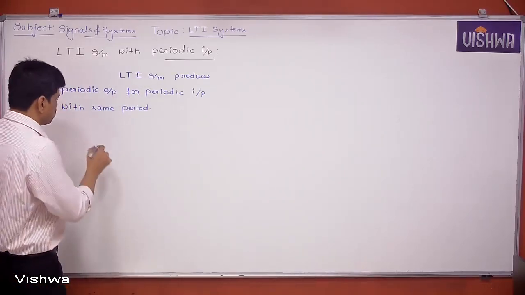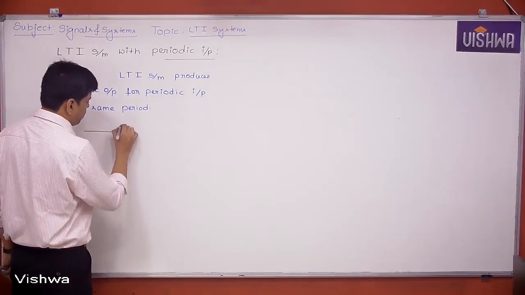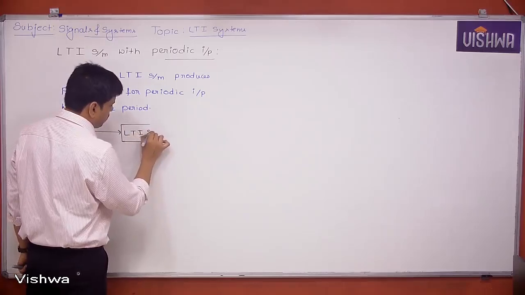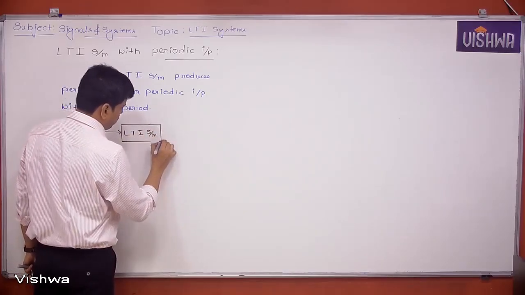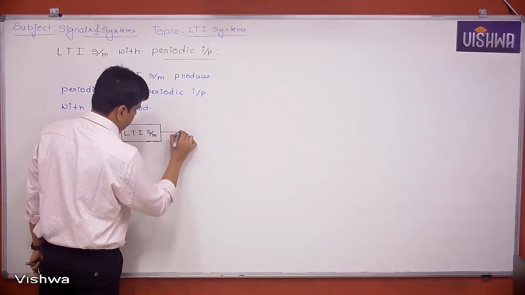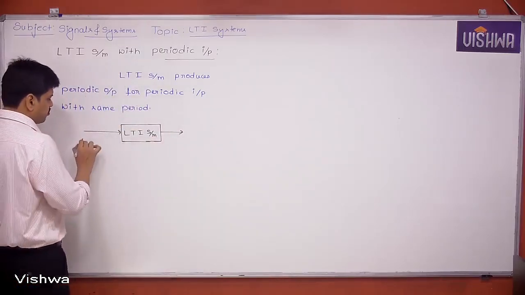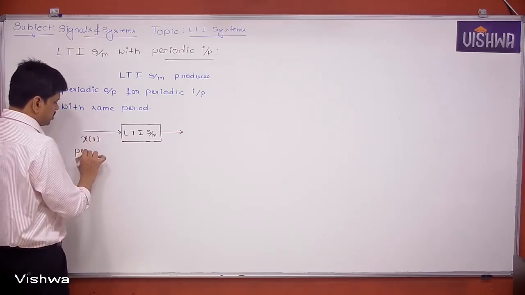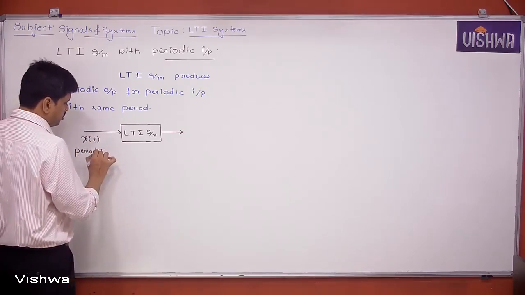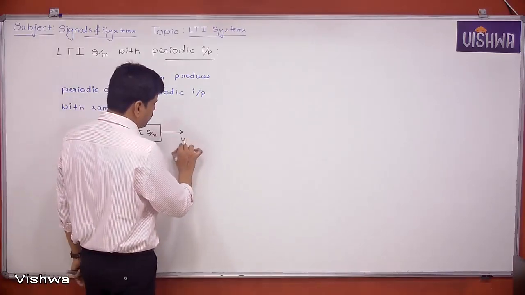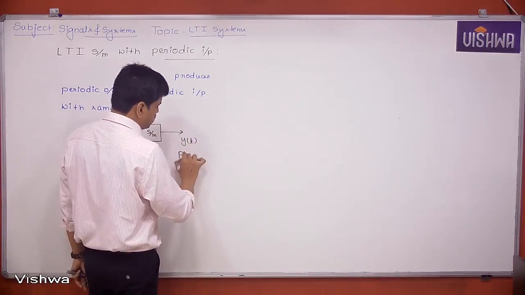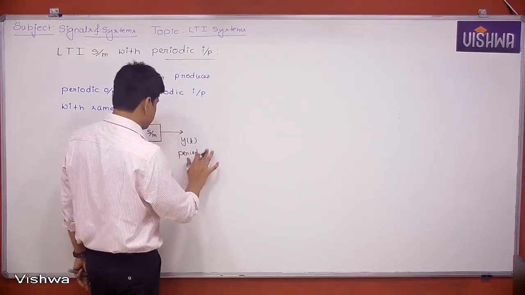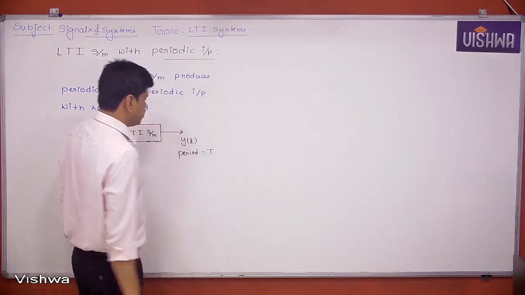Suppose for an LTI system, x of t is periodic with period T, then y of t is also periodic with period T. That's the meaning of it.